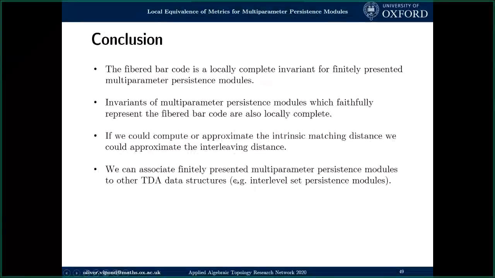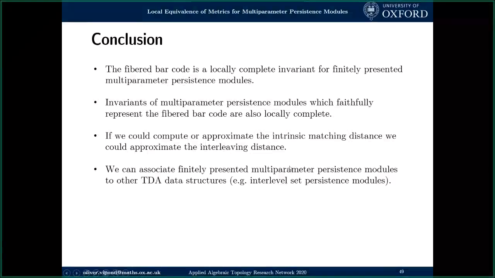And so if you want to know anything about Reeb graphs, the persistence modules associated to Reeb graphs also embed in two-parameter persistence modules. And so this general result for finitely presented multiparameter modules actually induces, as corollaries, some similar results for these other data structures when you think about them as types of multiparameter persistence modules.